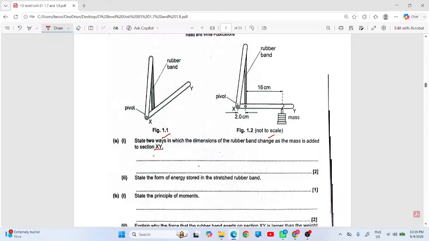So we write: the length of the rubber band increases and its thickness decreases.